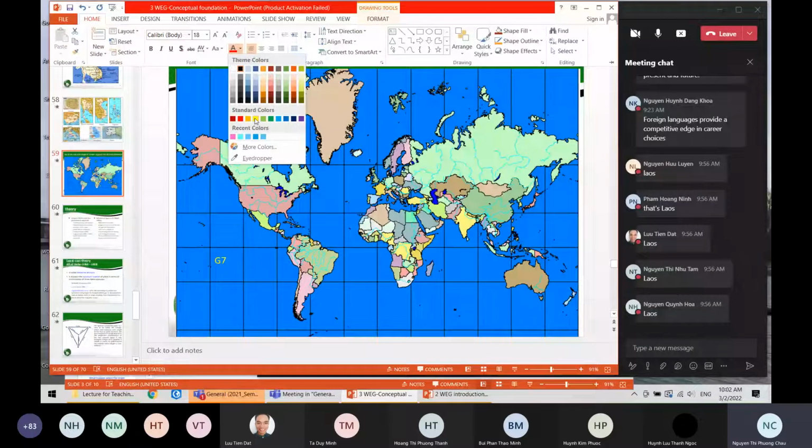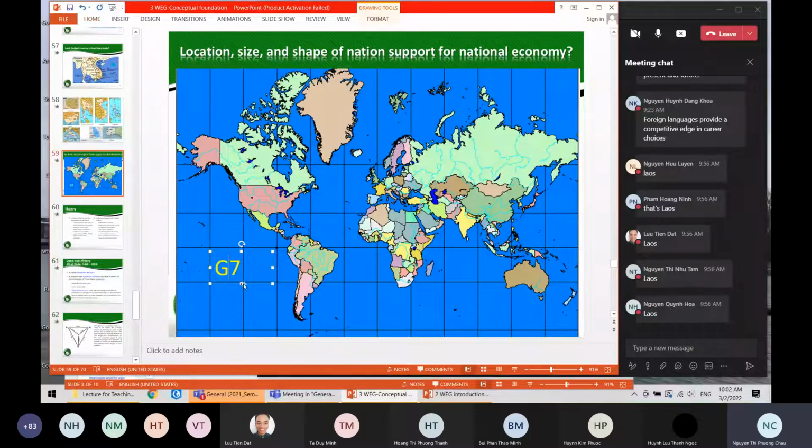G7 is seven strong economies in the world.